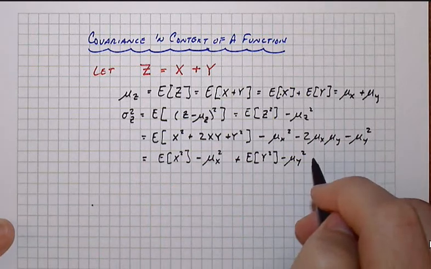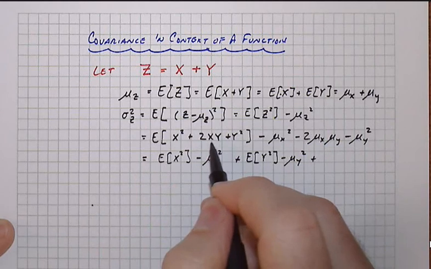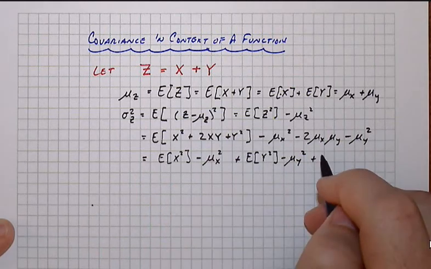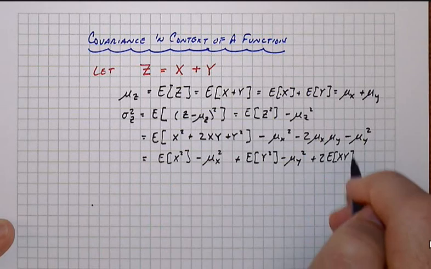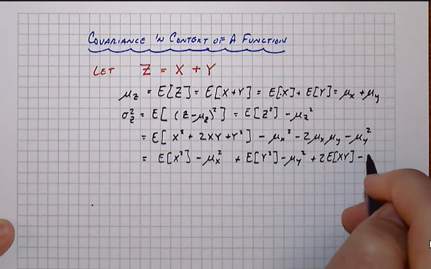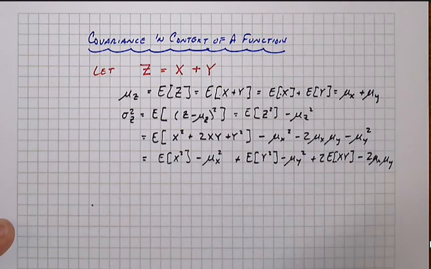And then I'm left over with these mixed product terms. Right? So we'll have plus 2 times the expected value of X times Y minus 2 times the mean of X times the mean of Y. Right?